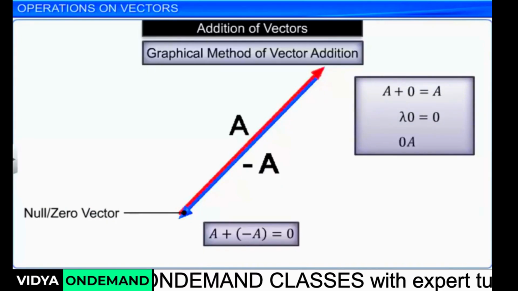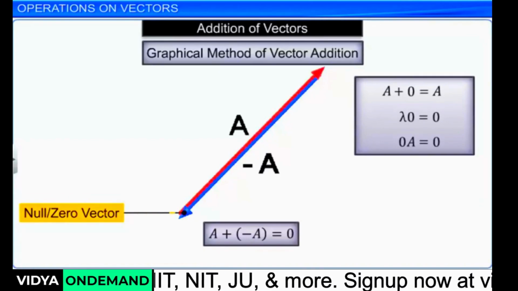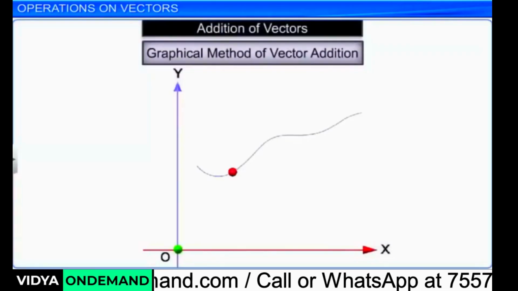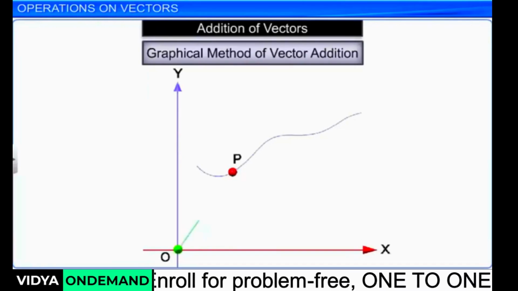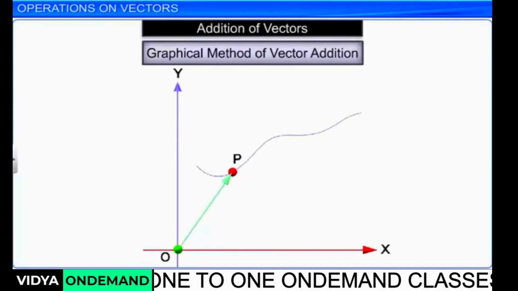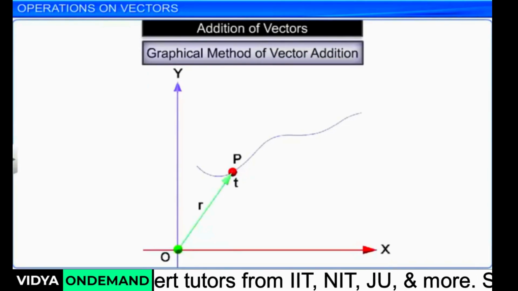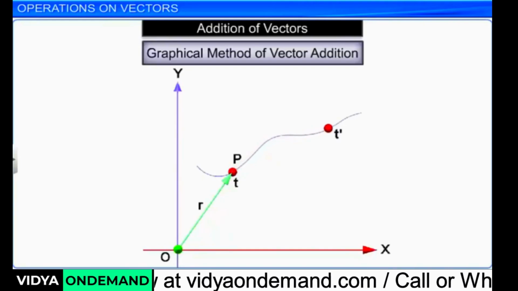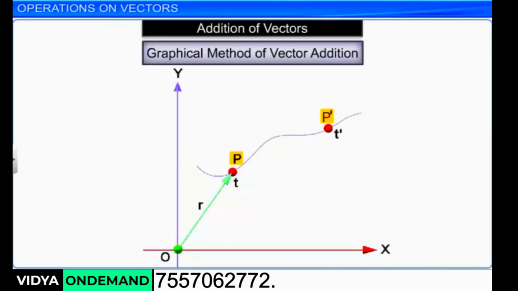Let's discuss the physical meaning of a null vector. Consider a body occupying position P with its position vector R at time t. From time t to t dash, it moves from position P to P dash. Its position vector at time t dash is R dash.